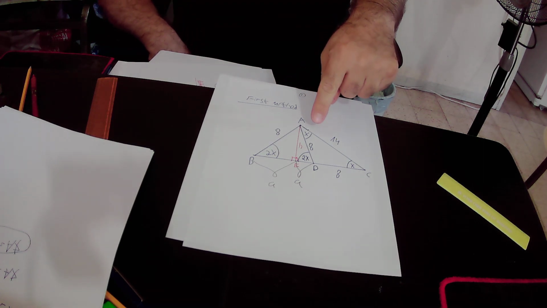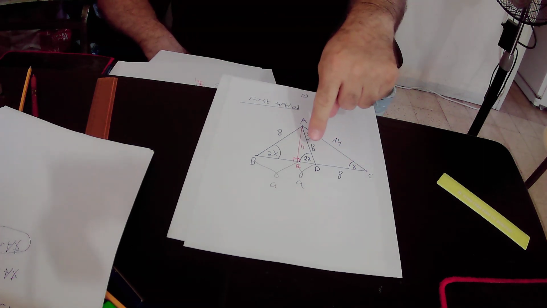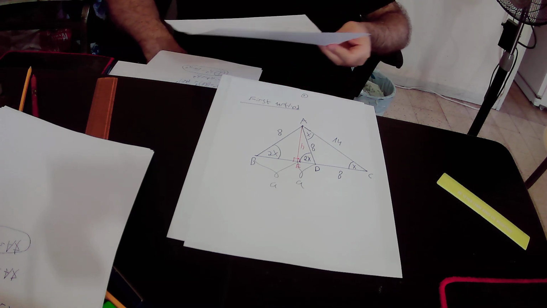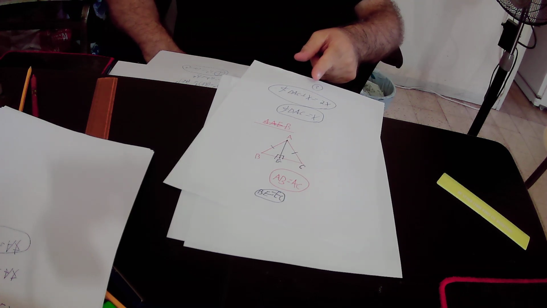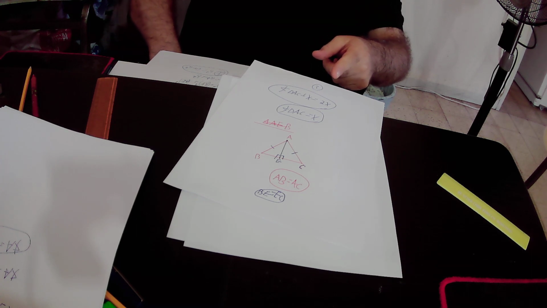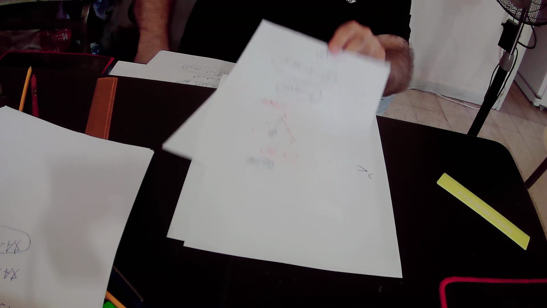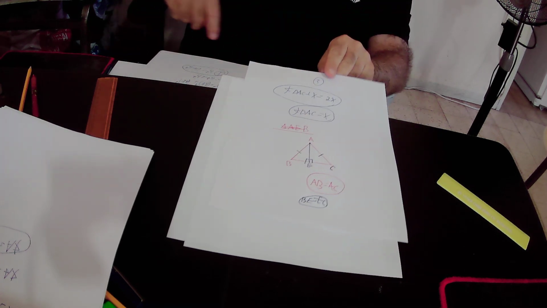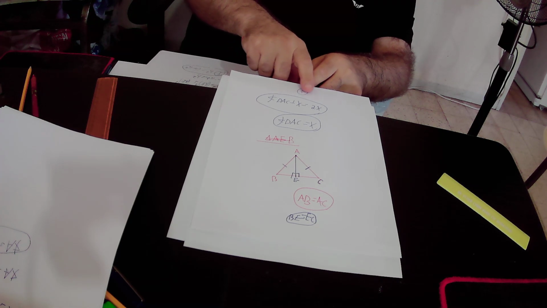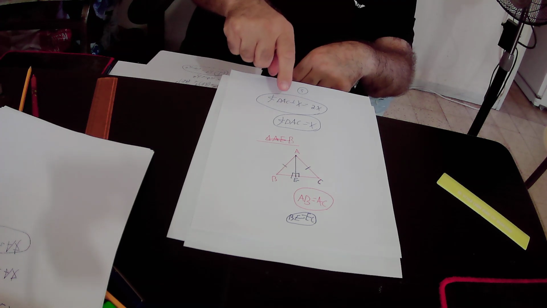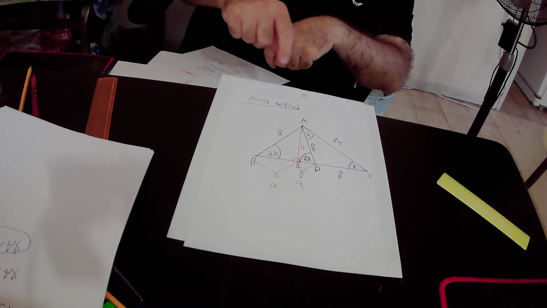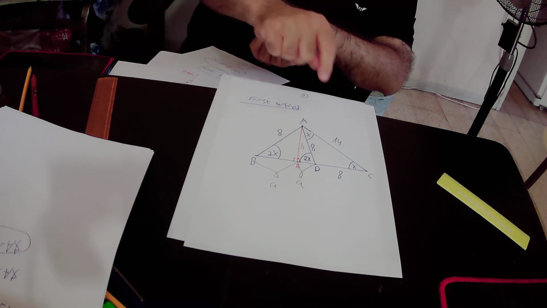Again, angle DAC plus angle x must be equal to angle ADB, that equals 2x. So from this equality we can subtract x and we find that angle DAC equals x. So this angle DAC equals x.